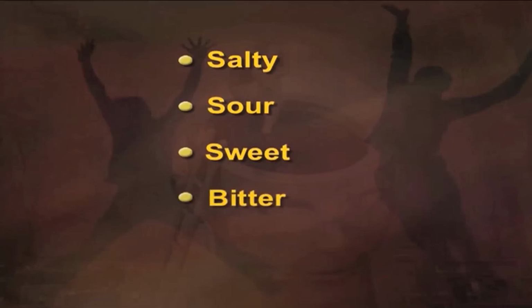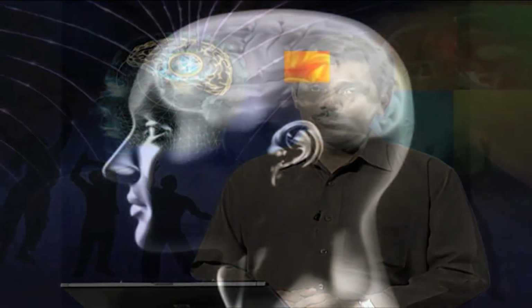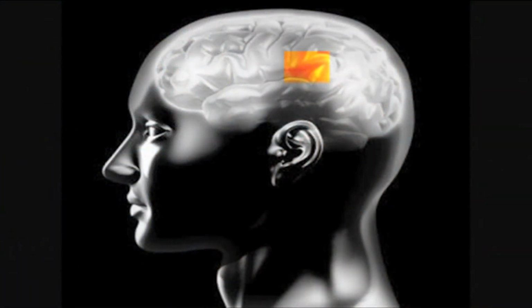The basic tastes that we can detect are salty, sour, sweet and bitter. The information from the taste buds goes to the parietal lobe in the brain, wherein the taste is detected or understood.